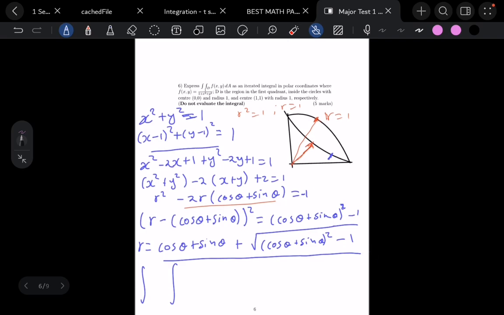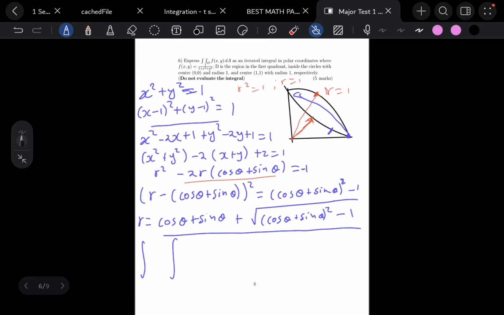What is your value of theta? This is another problem that you do not know. Your value of theta, I think, is from 0 to pi over 2. Yes, your region starts here to there, so it's from 0 to pi over 2.